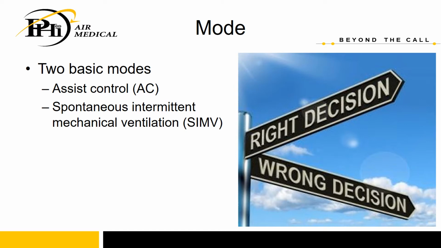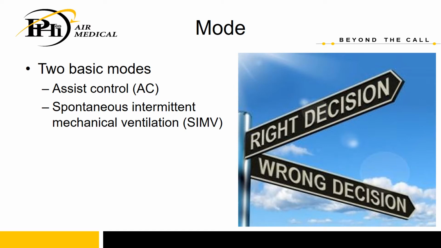The first mode is assist control. The easiest way to explain it is if you don't want your patient taking a bunch of spontaneous breaths for any reason, assist control is generally your mode. Or you have a patient that is not spontaneously breathing almost ever. Assist control is a great mode.